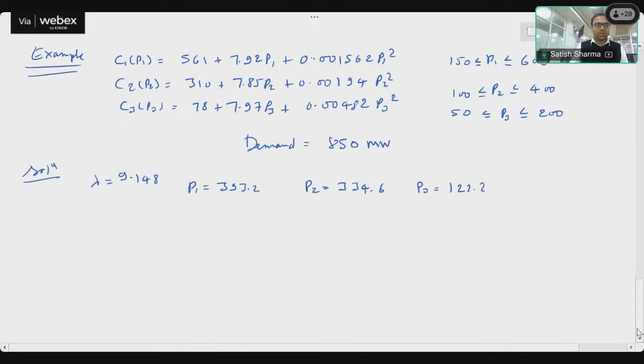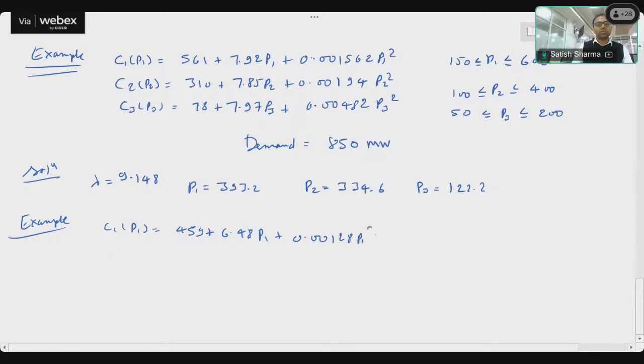Now, what happens if we change this particular example? If we change the cost function of C1(P1) to 459 plus 6.48 P1 plus 0.00128 P1 square, we are basically making it cheaper as compared to the existing cost.